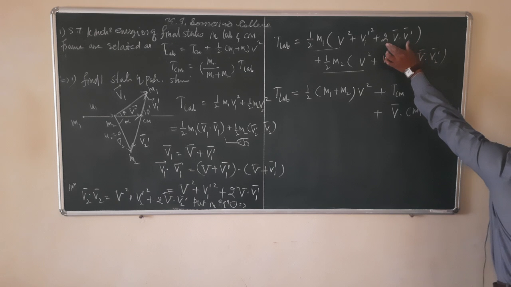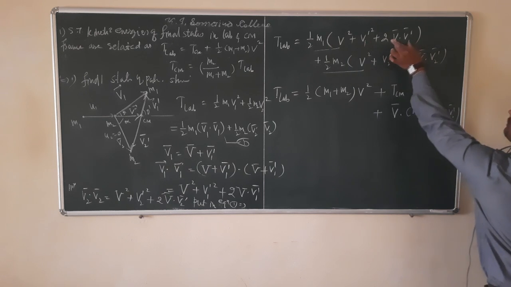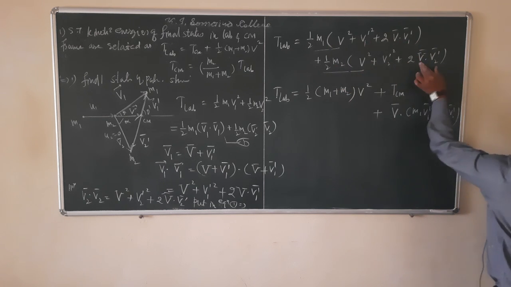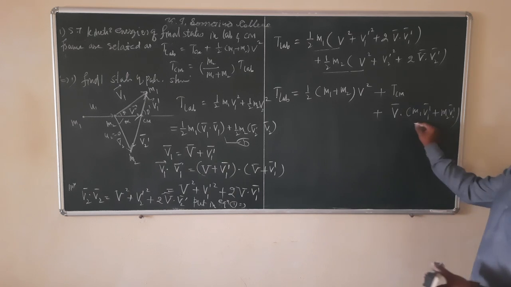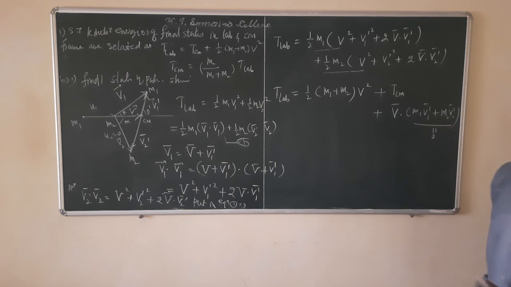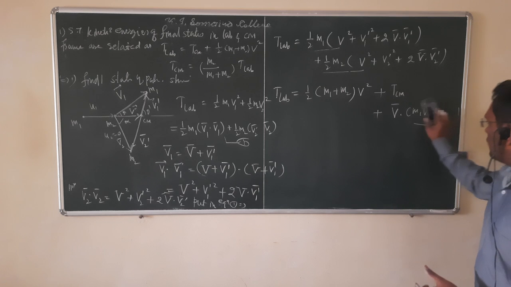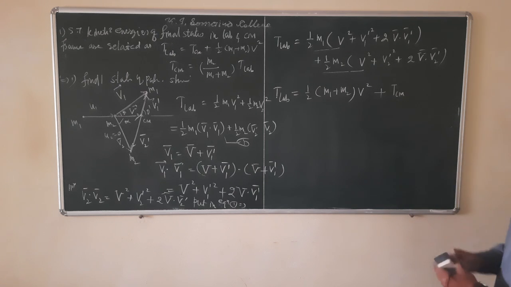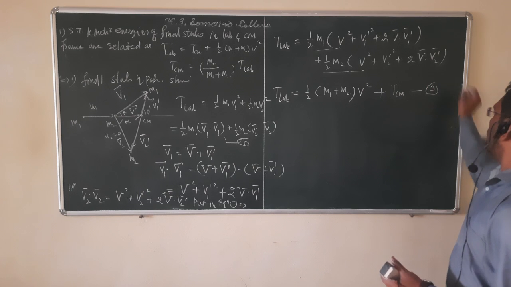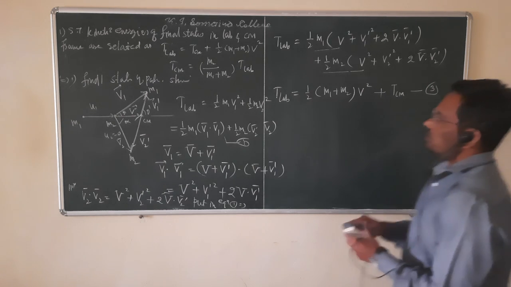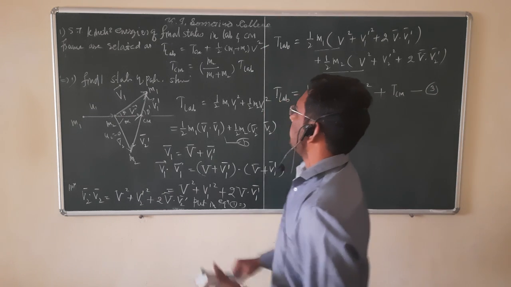If you solve these terms, you will end up with this term. But for the center of mass system this is equal to 0. Since this is equal to 0, we get this equation. With this we finish this section.